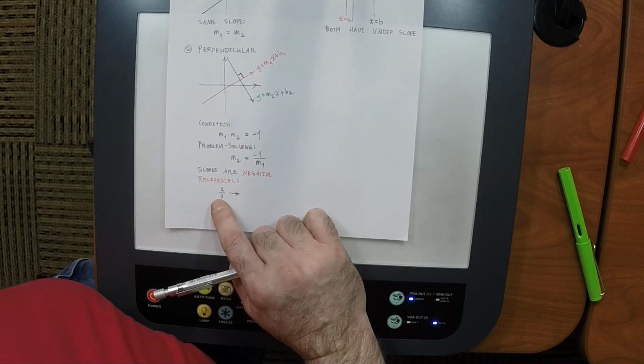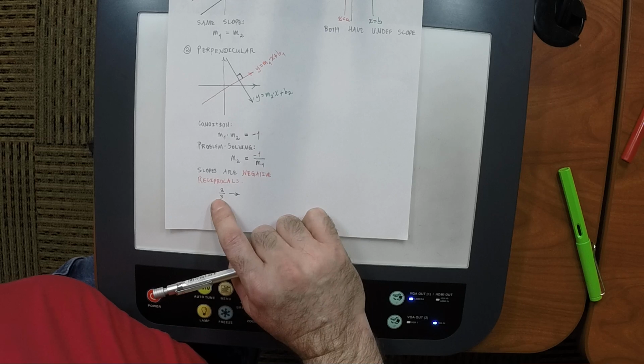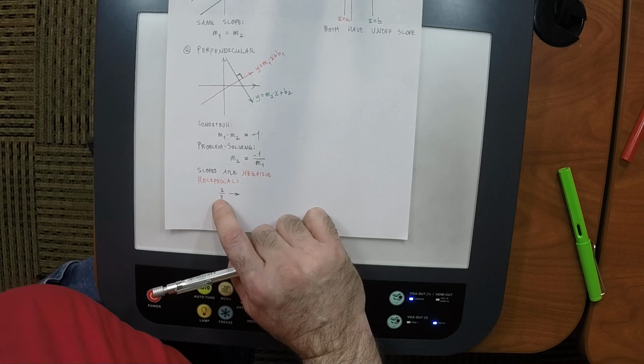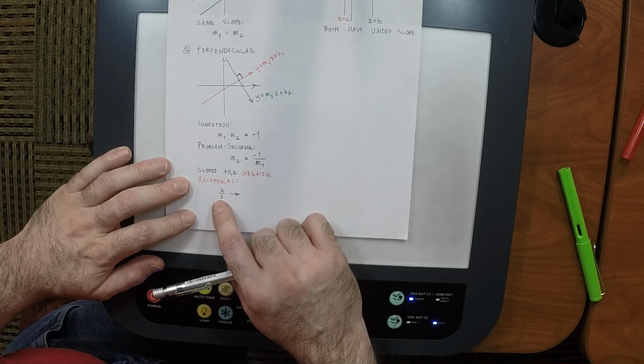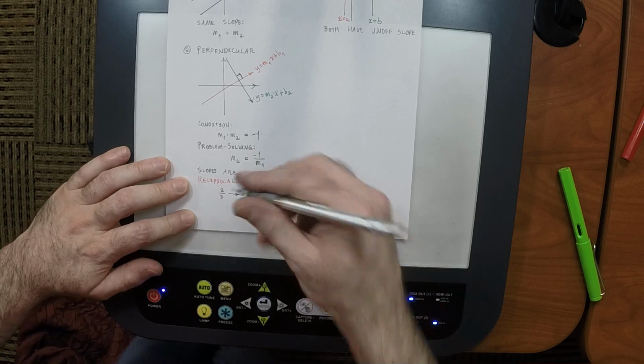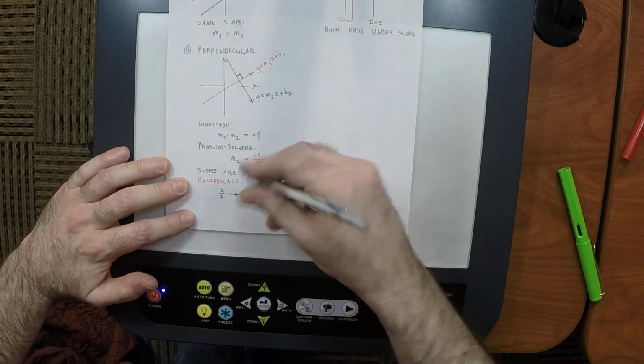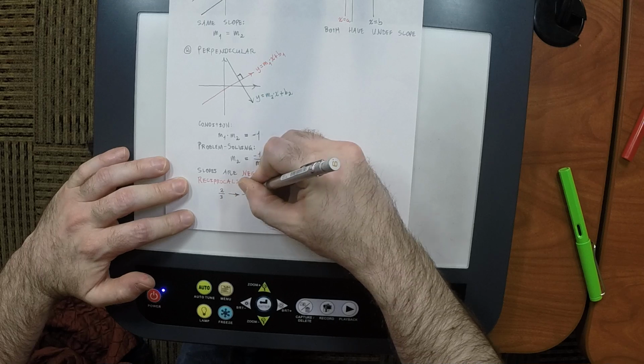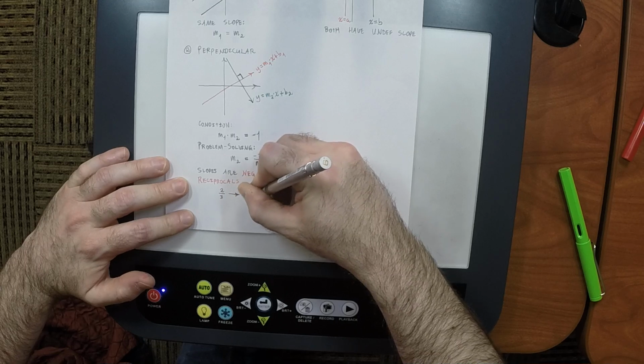If we did just reciprocals, what's the reciprocal of 2/3? 3/2. Okay, but to get the perpendicular slope, we need both. So what slope is perpendicular to 2/3? Well, it'd be negative 3/2.